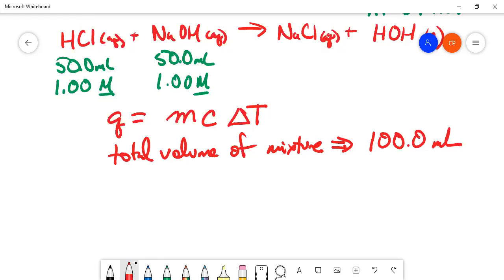Well, what's the mass of 100 milliliters of water? How do I convert from the volume of 100 milliliters of water to the mass of 100 milliliters of water? What do I need to know about water?